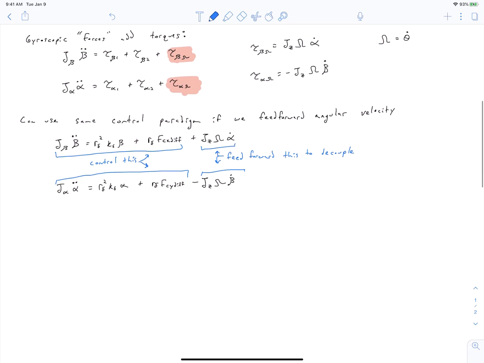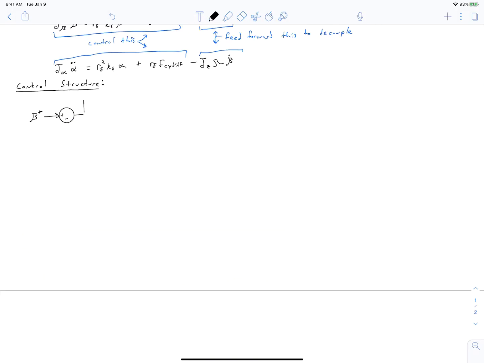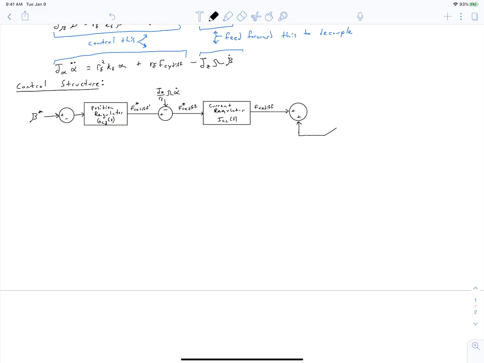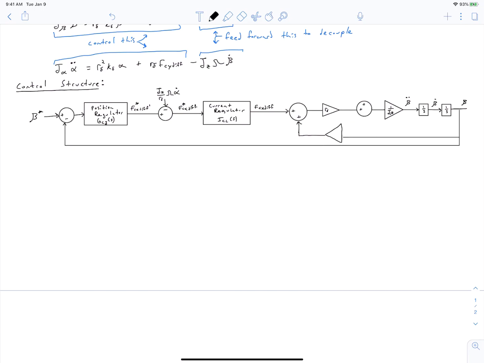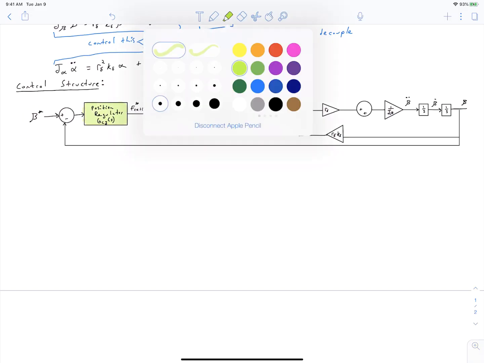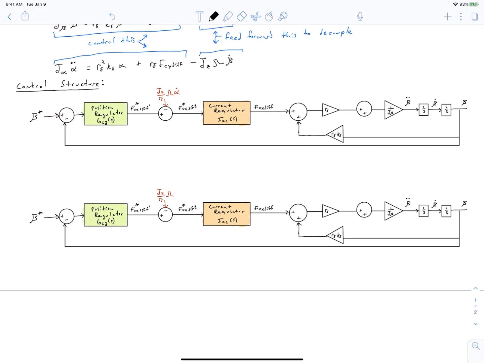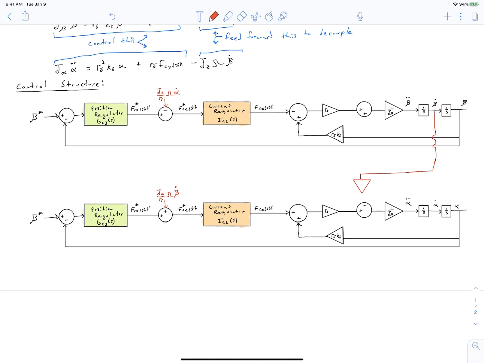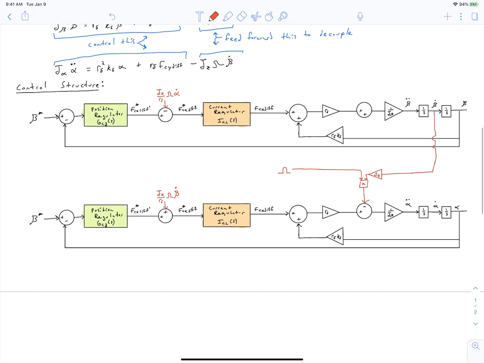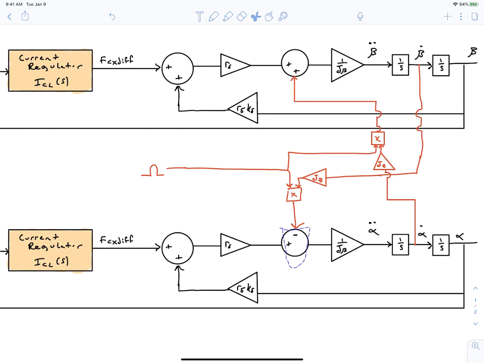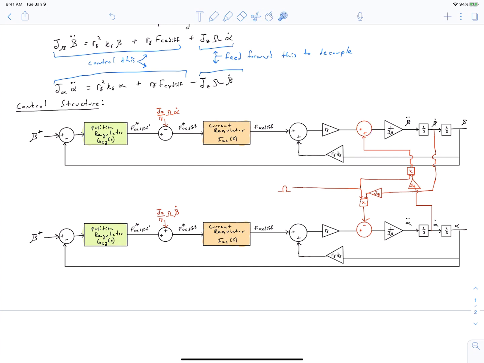So if we do this, a control structure might look like the following. And so we end up with a control structure like this.